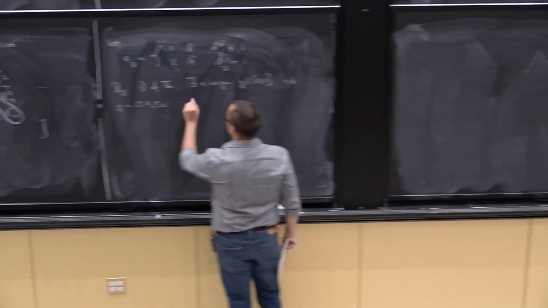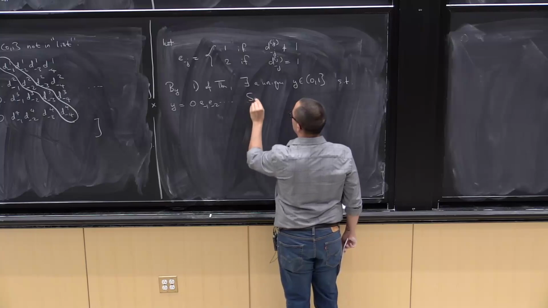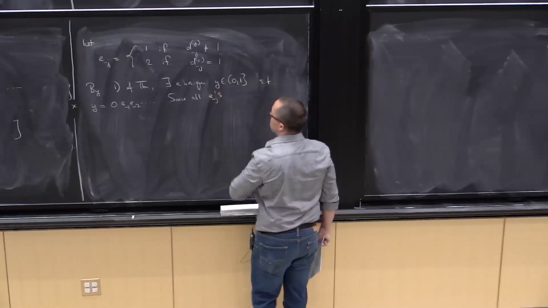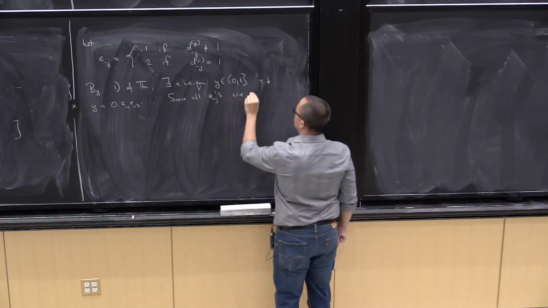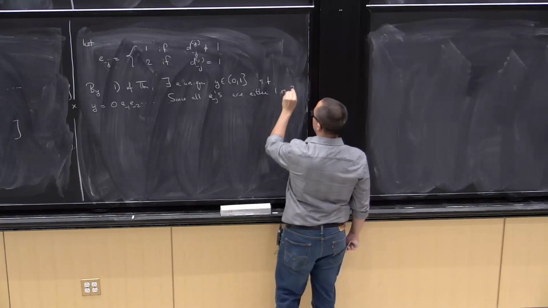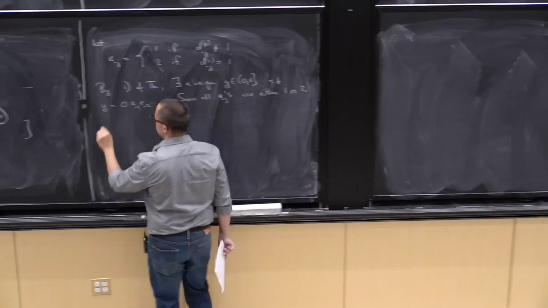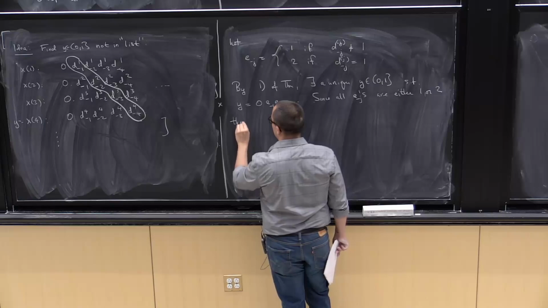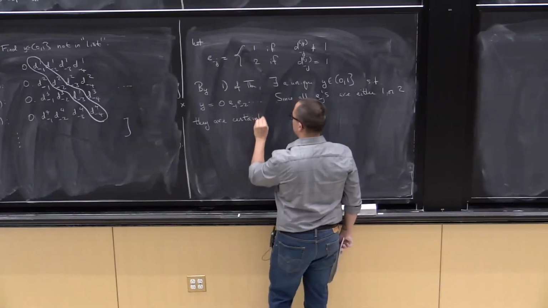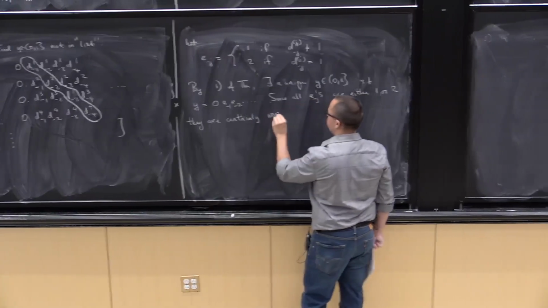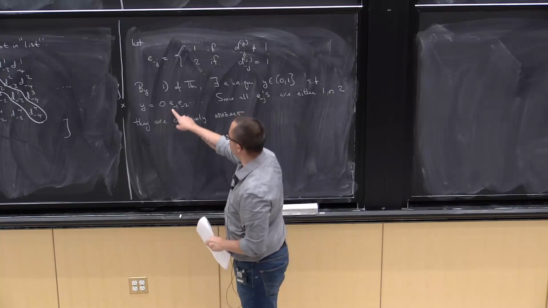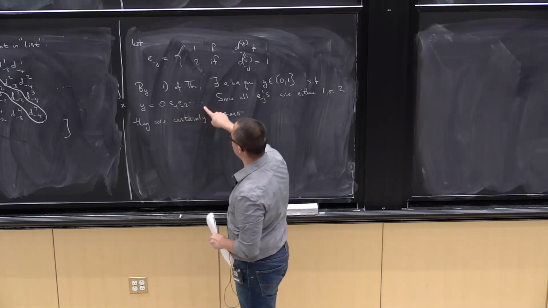Moreover, since all of these digits are either 1 or 2, they are certainly non-zero. So y is given by a decimal expansion where all of these digits are non-zero.